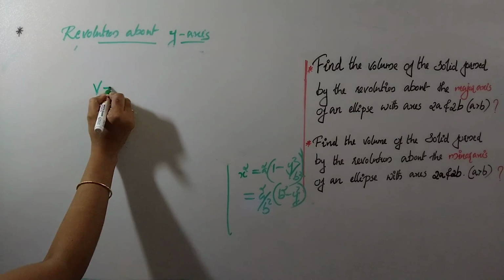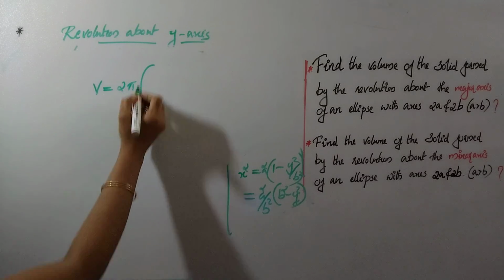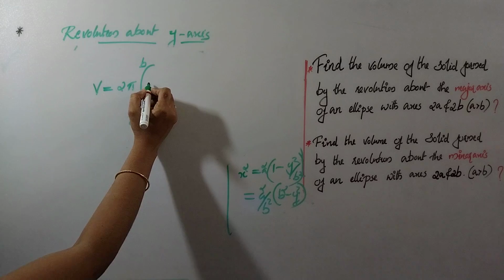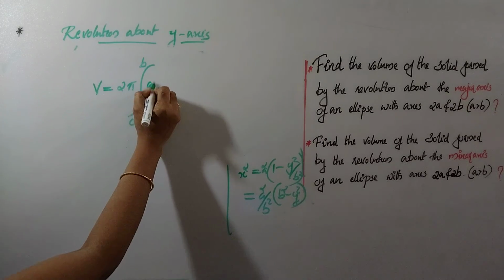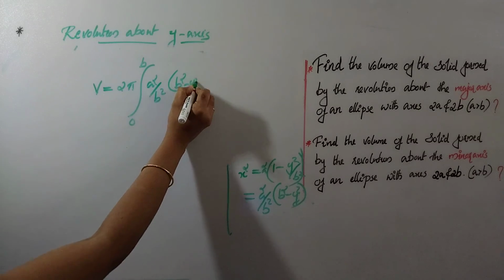So the required volume V is 2 into pi, limits varying from 0 to b, x square dy. That is a square divided by b square into b square minus y square into dy.